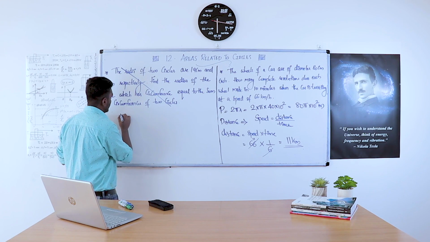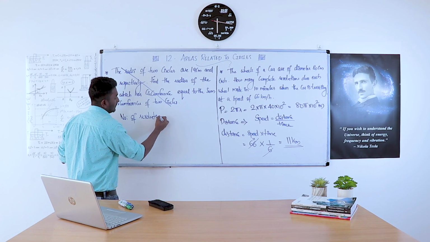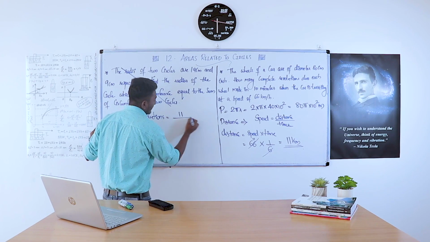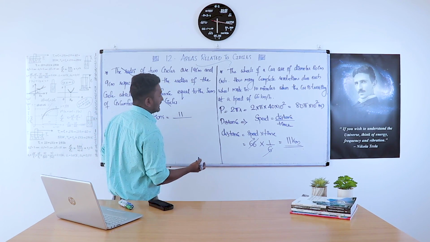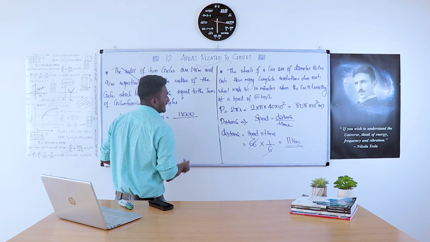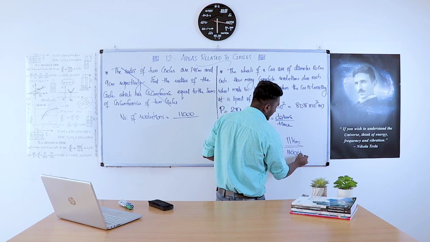So how can we find the number of revolutions? Number of revolutions is equal to total distance divided by distance in one revolution. 11 kilometer can be written as 11,000 meter.